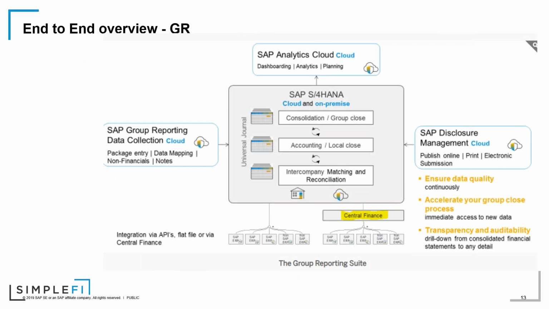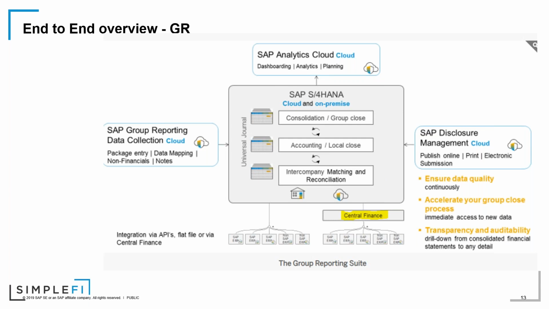So looking at the end-to-end overview, we can see that S/4HANA can be central finance, can be connected sidecars. Central finance can be on top of various ERP systems. We can use group reporting data collection as a tool to connect to other SAP systems or non-SAP systems.